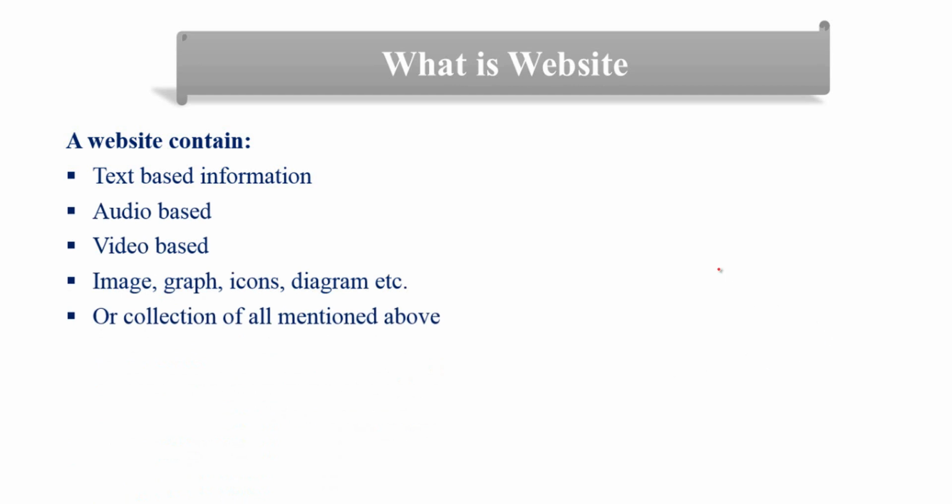For example, if you want to make a website, you can include different text-based articles and audio. You can also make a video website in which you can insert different videos. You can also make a website of different images, graphs, icons, diagrams, etc. And you can also make a website in which all the media will be stored.